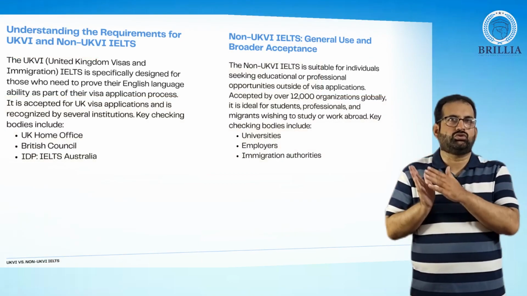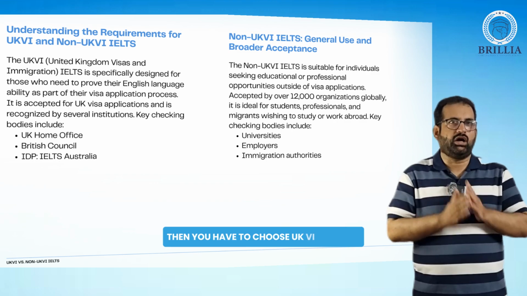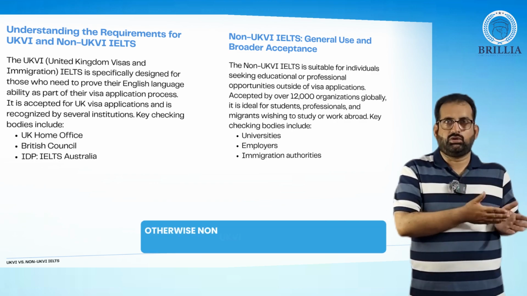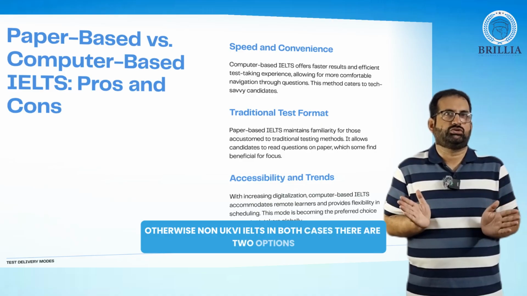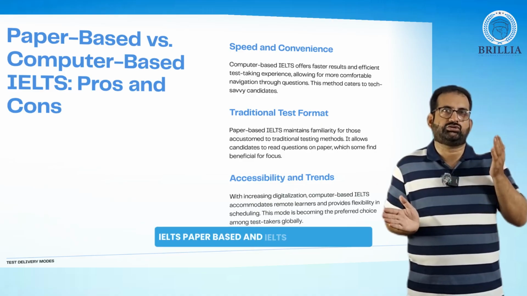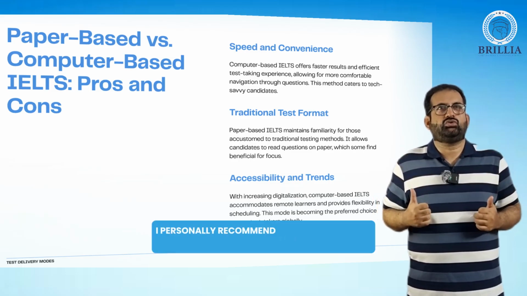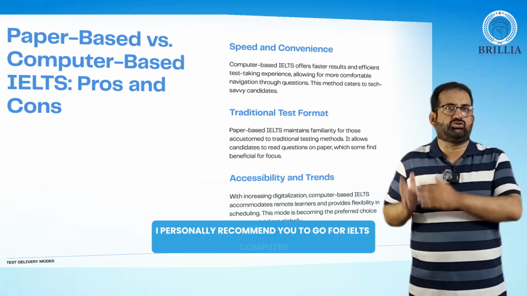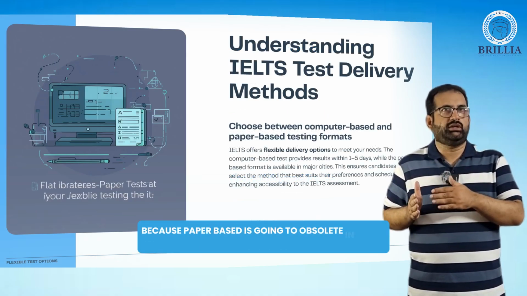Because if you want to go to UK, then you have to choose UKVI IELTS. Otherwise, non-UKVI IELTS. In both cases, there are two options: IELTS paper-based and IELTS computer-based. In my recommendation, I personally recommend you to go for IELTS computer because paper-based is going to become obsolete any day now.